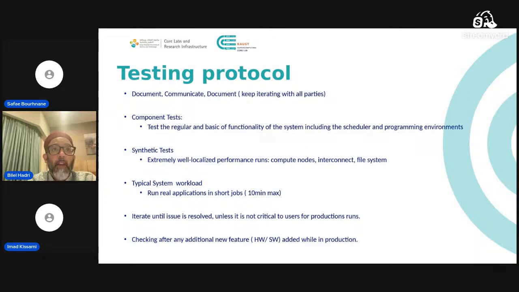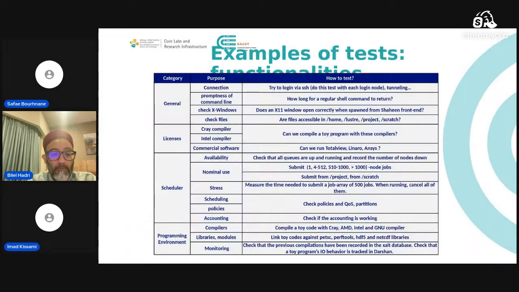And based on your history or your experience, you know sometimes when you will be able to release a machine to the user if some problems are not critical, and you can fix them later on. And also make sure that when you have new functionalities, you test them.